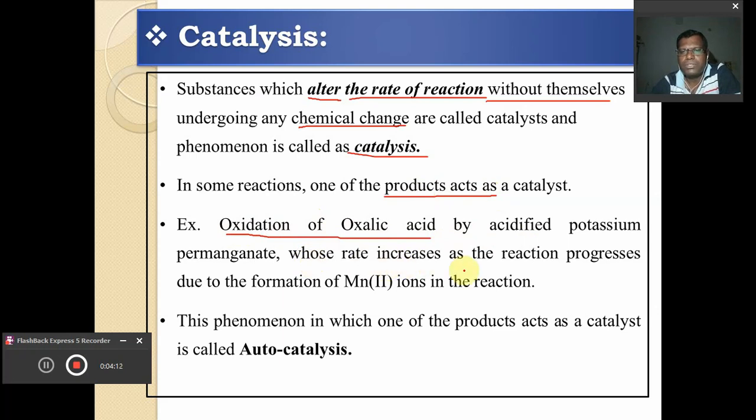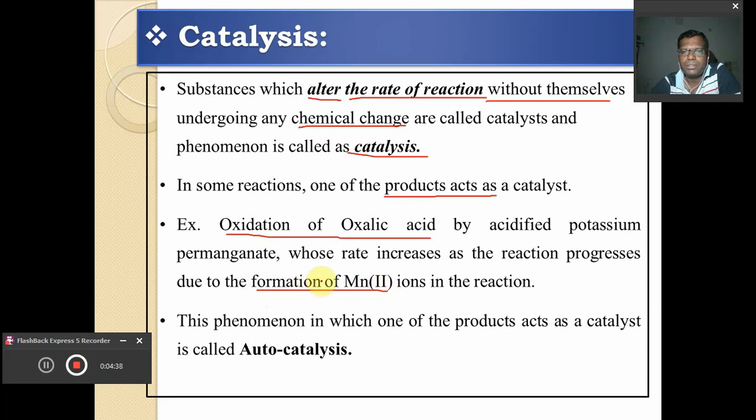here the rate of this reaction increases as the reaction progresses, due to the formation of manganese 2 plus ion. As the reaction proceeds, manganese 2 plus ions are formed, and these ions are responsible for increasing the rate of reaction.